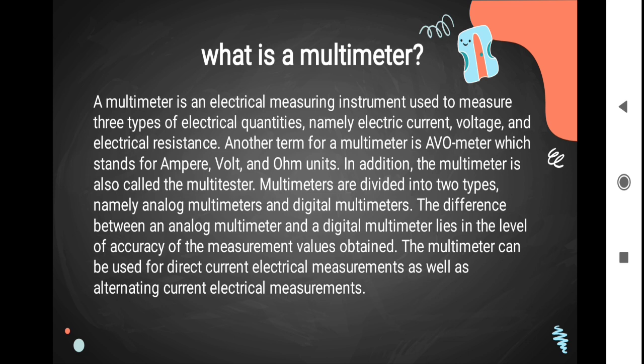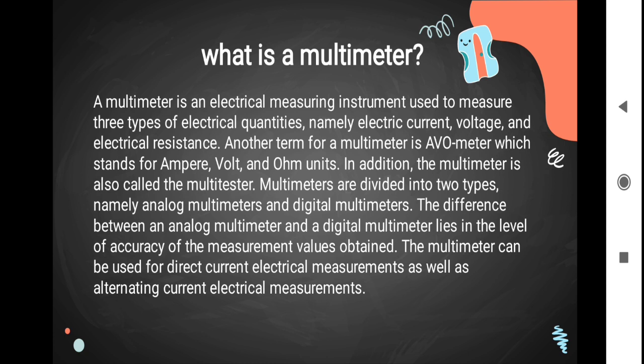Multimeters are divided into two types, namely analog multimeter and digital multimeter. The difference between an analog multimeter and a digital multimeter lies in the level of accuracy of the measurement value obtained.